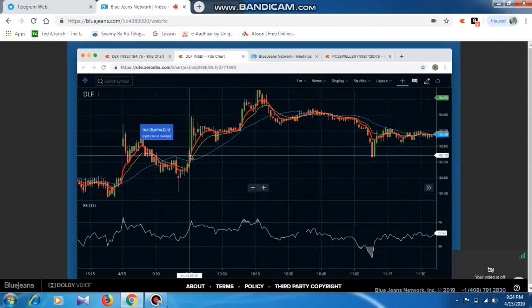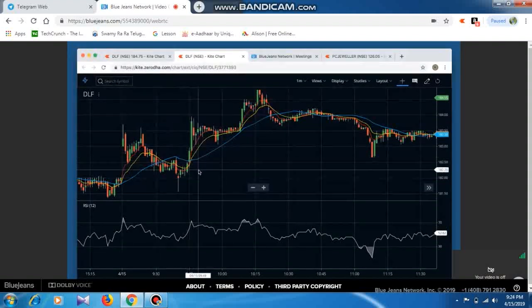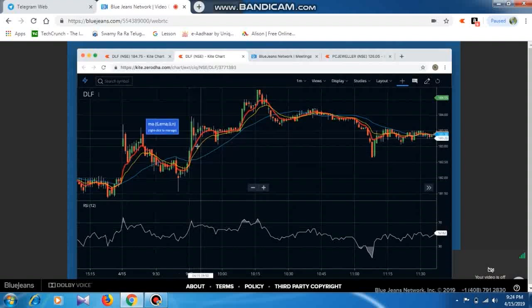If the EMA lines are also coming down, you can short sell it. Here you can see the RSI value touched 70 and started coming down, but the EMA lines were going up continuously. So you should not short sell there.